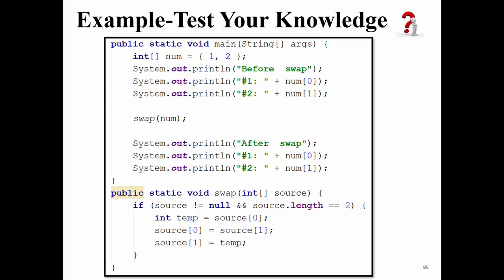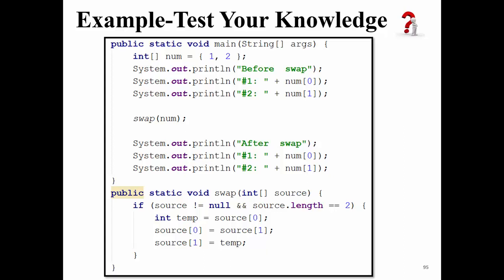Okay, this is an example to demonstrate this fact. We start with an integer array, only two elements, 1 and 2. And then we print element 0 and element 1, and then we call a swap method. The swap method receives an integer array, and it asks a question: if the source is not null, if the array that I'm receiving is not null, that means the array is created, and the length of this array is 2, then I'm going to do the swap operation.